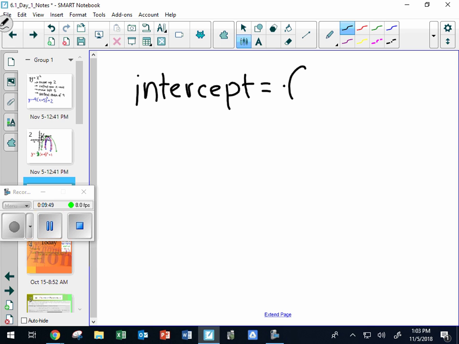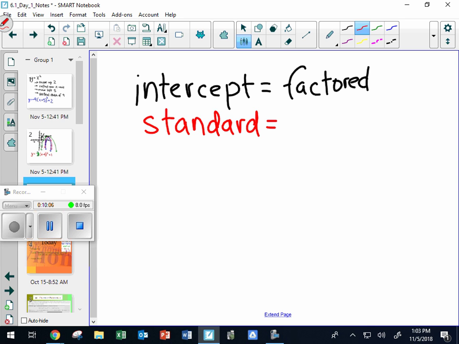The factored form. So they're just synonymous. It's just how other people typically call this form. So you might see standard form. What form do you think that corresponds to? That's just our general form.